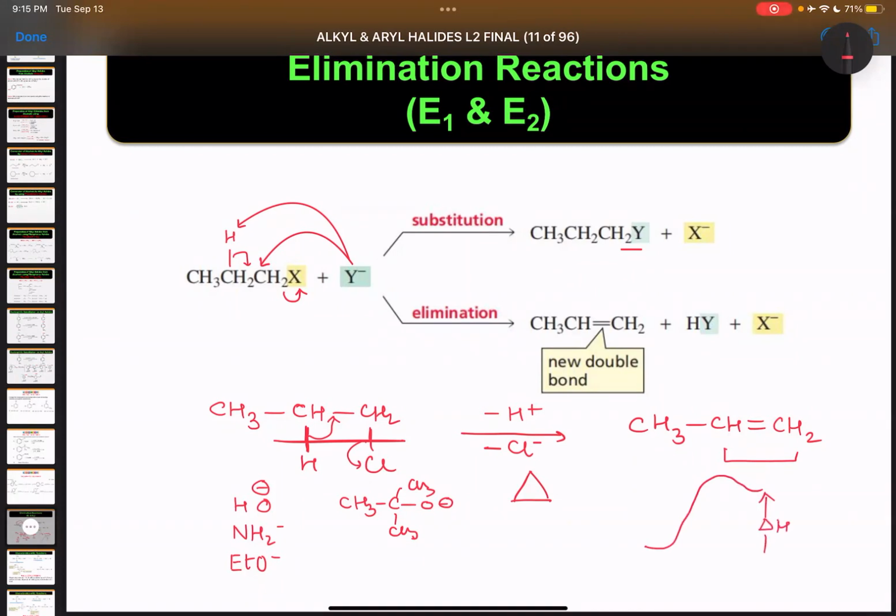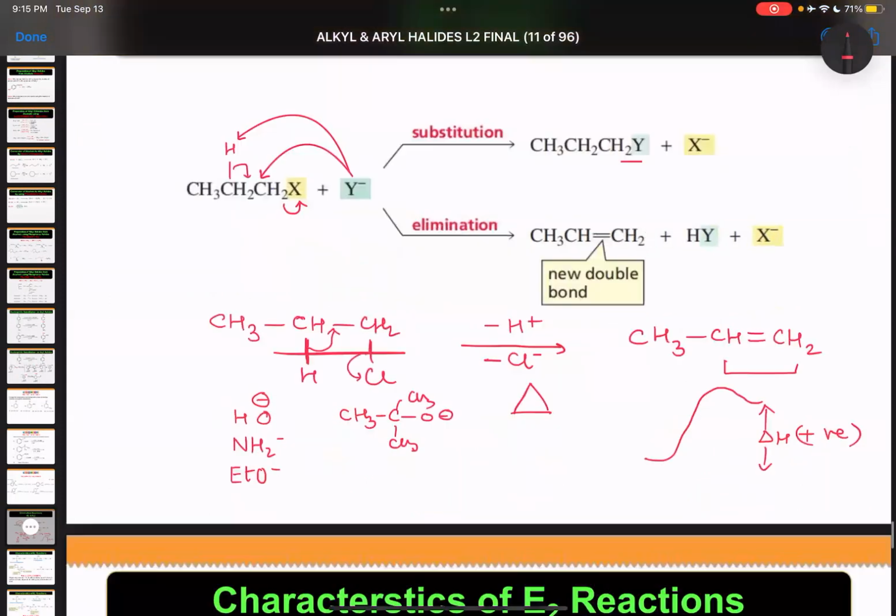What's the sign of delta H for an endothermic reaction? Delta H is positive. Is it clear? So it is a heat absorbing reaction and it takes in heat. That's why elimination reactions are favorable in the presence of heat.